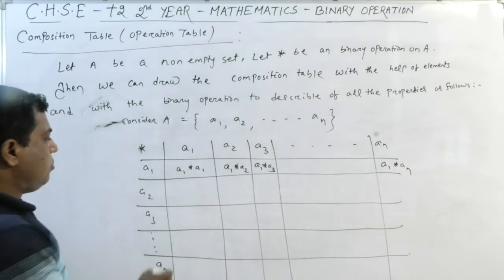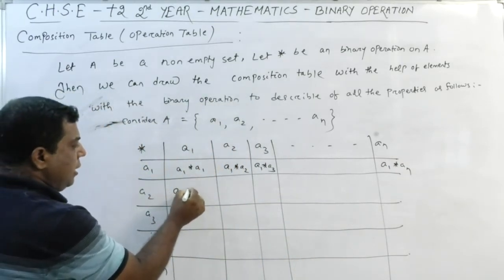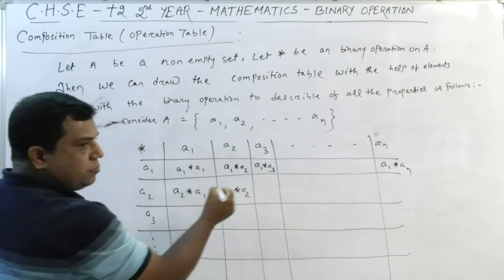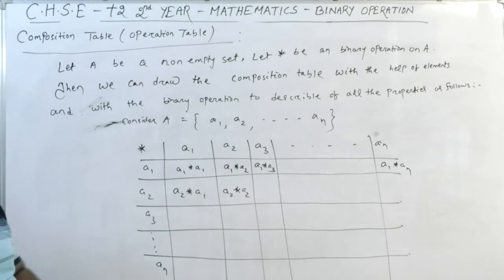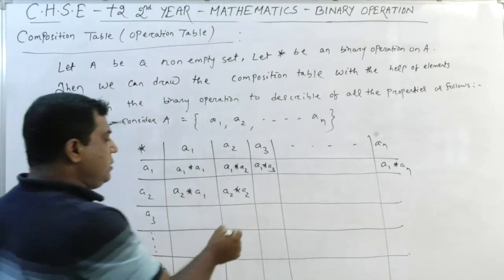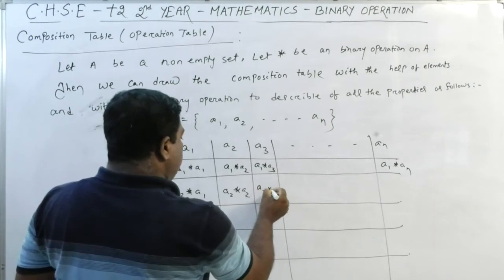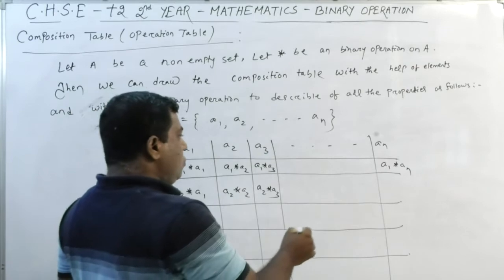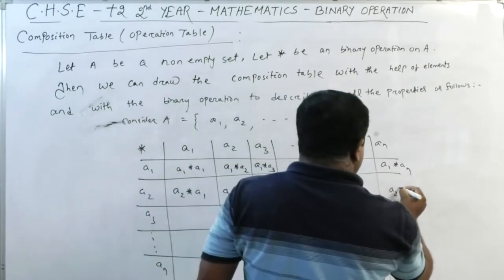Then the next row is filled as A2 star A1, A2 star A2, then A2 star A3, and so on, A2 star An.